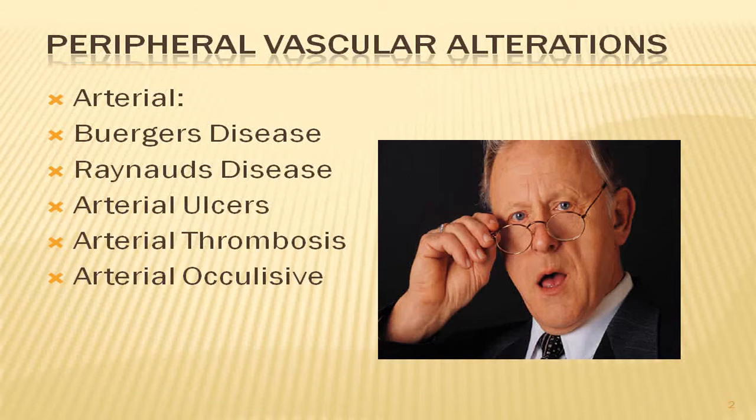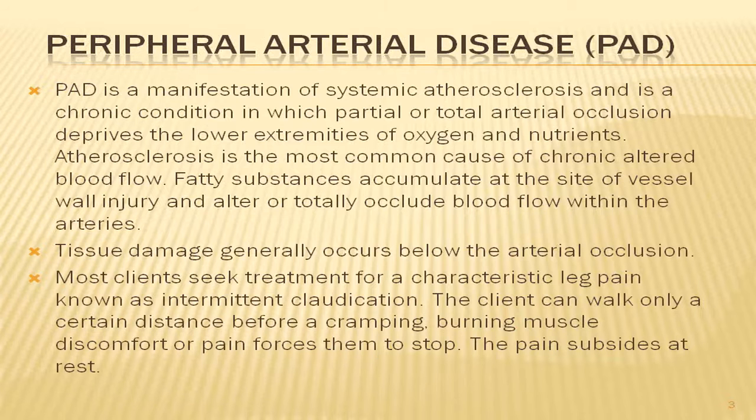arterial occlusive disease. To begin, when we talk about peripheral artery disease, the main cause of peripheral artery disease is atherosclerosis. And we've talked about atherosclerosis before, but what atherosclerosis does in the vessels is cause a hardening of the vessels with plaque formation, and as a result of both of those, the individual has a narrowing of the arteries.